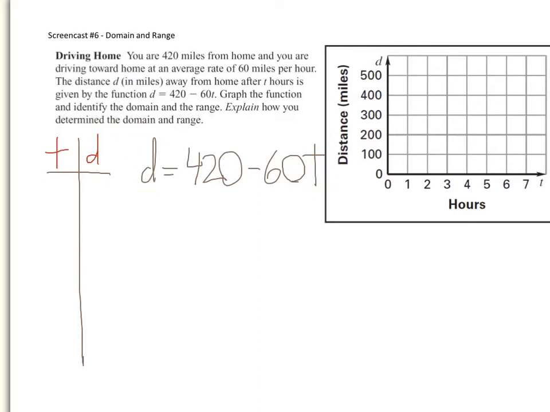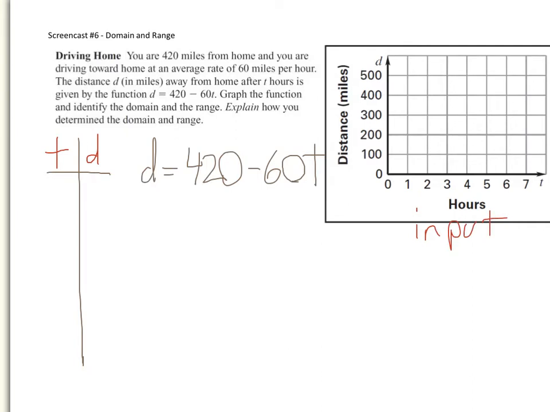But let's look at the graph over here. Notice that t, over here on the right, all the way far here, is along the horizontal axis, which we know as the x-axis. Anything that's along the horizontal axis, the x-axis, is always going to be our input.